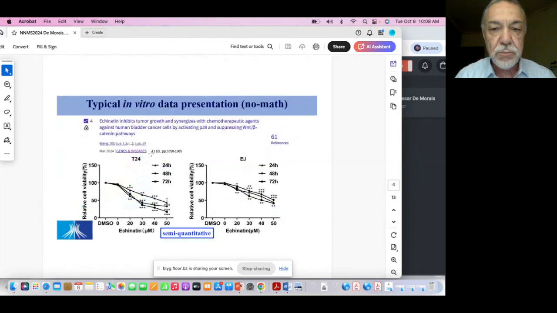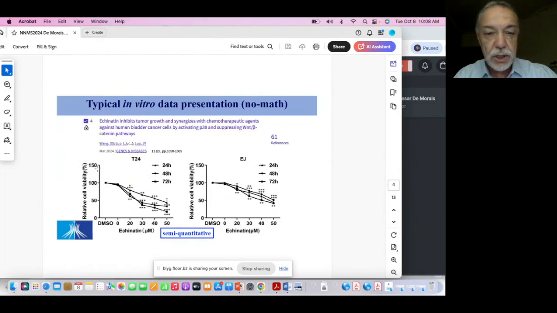Okay, so let me show a typical in vitro data presentation. I just took one paper from March this year, March 2024. But you can search and check by yourself that most of the papers published on evaluating cell viability are presented in this typical, I will call it, semi-quantitative analysis.